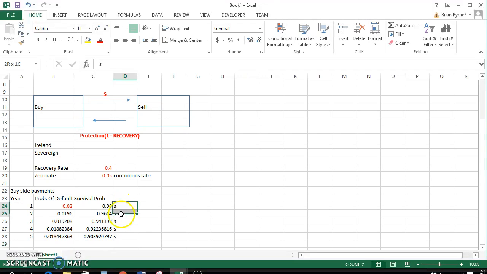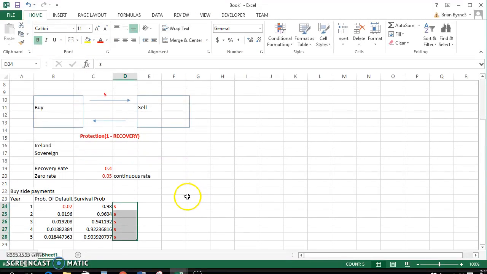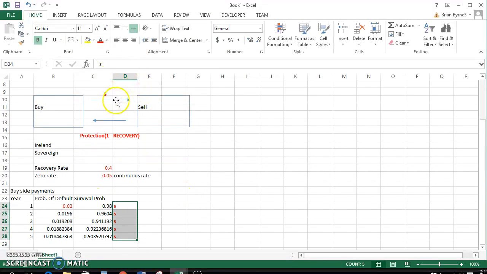So the fact that there's some possibility of default means we're not guaranteed this S payment, and that somehow has to be reflected in the buy side payments, right? If we're thinking of the buy side on the credit default swap, there is no guarantee that they will pay 5S over the 5 years.